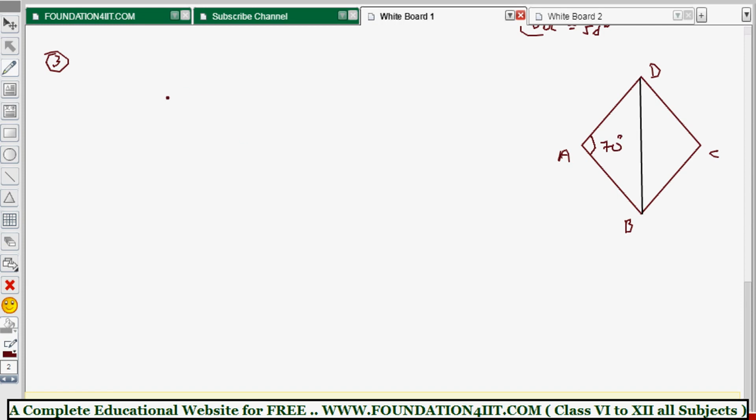So from the adjoining figure, ABCD is a rhombus. If angle A is equal to 70 degrees, find angle CDB. CDB is this angle, so take some letter X. We know that angle C is equal to A because in a rhombus opposite angles are equal.